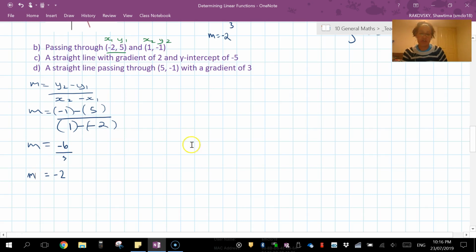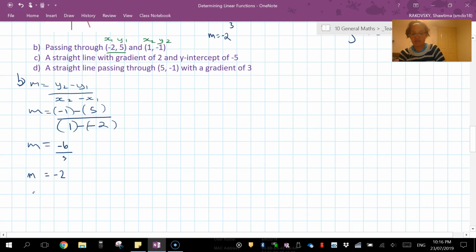And then, so we've got a straight line passing through those 2 points, we have the gradient, we have a point, now we can find the intercept. So this is for B, and then we're going to find the intercept.